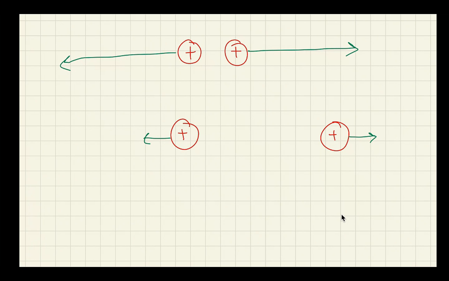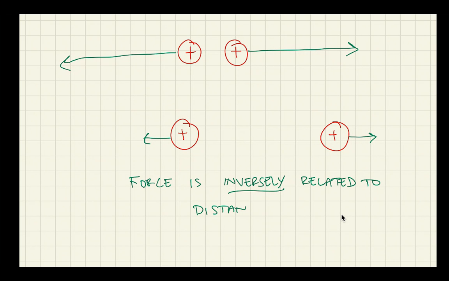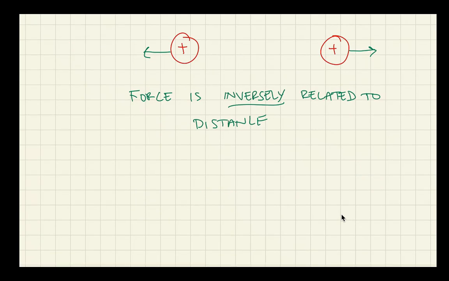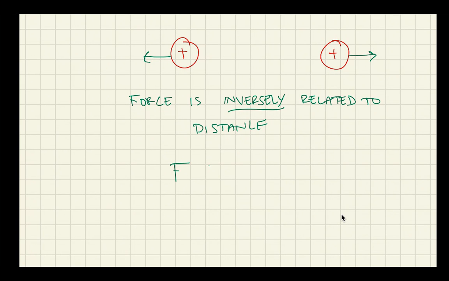Less distance means more force. And what this implies is that force is inversely related to distance. In other words, force is proportional to the inverse of distance, what we call r.